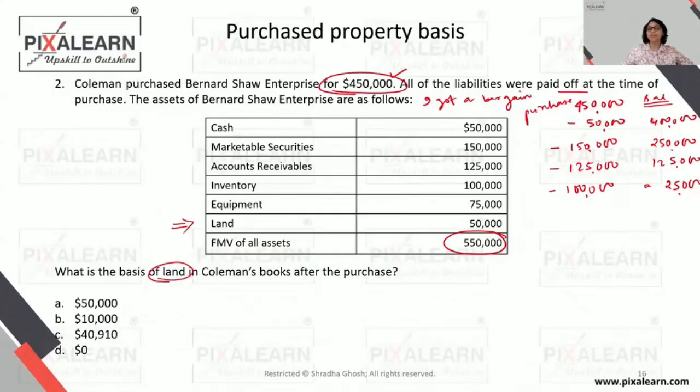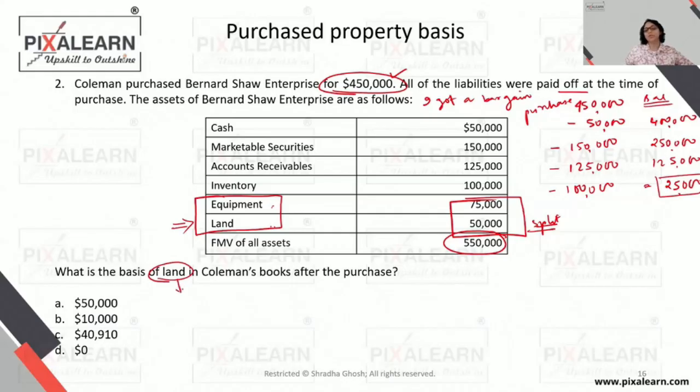The next item in my list is PPE. But the problem is that in PPE, I have two assets, not one. Property, plant, equipment, land, all of these non-current assets, I have more than one. What do I do? Now I'm going to split the 25,000, on the basis of the relative fair market value of the two assets.